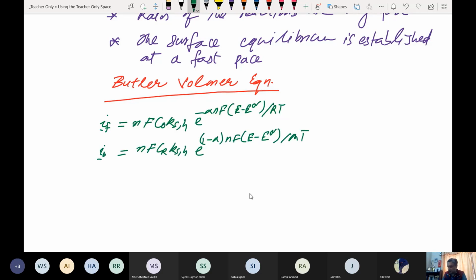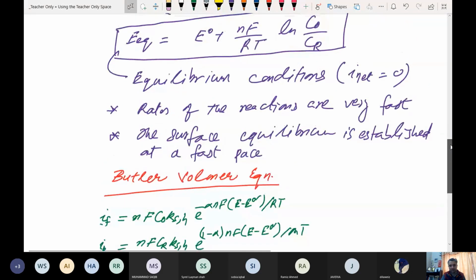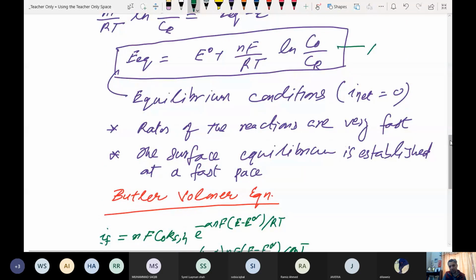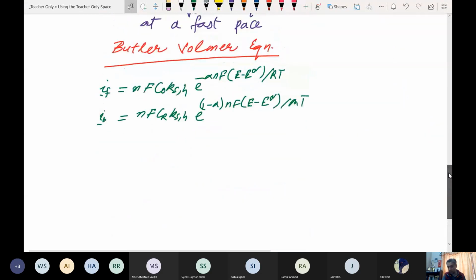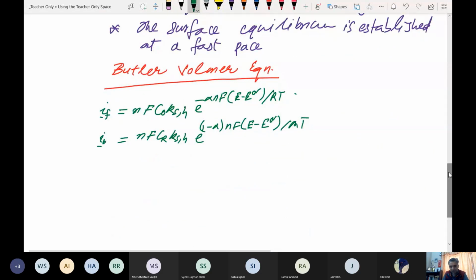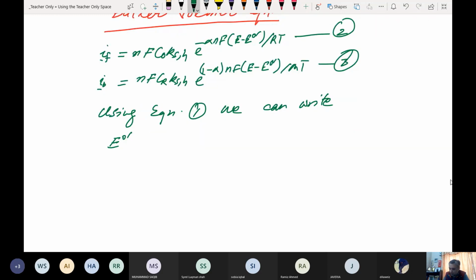Let's say in terms of this particular thing that we are doing now, we can say this is our equation number 1, and these ones are the equation number 2 and 3. So if we use equation number 1, then we can also write that this will give the formal potential.